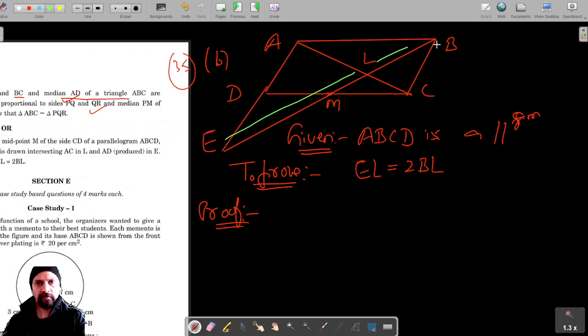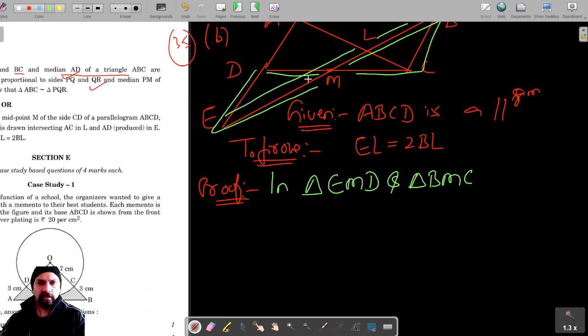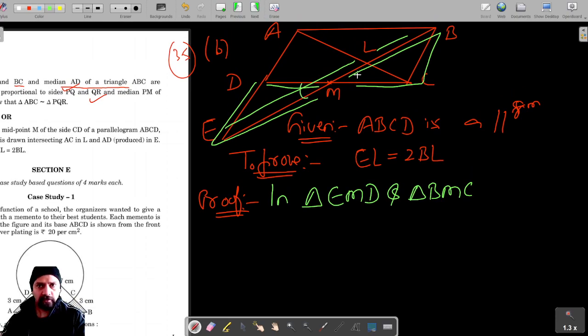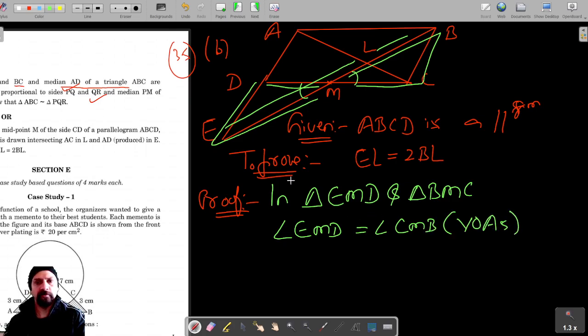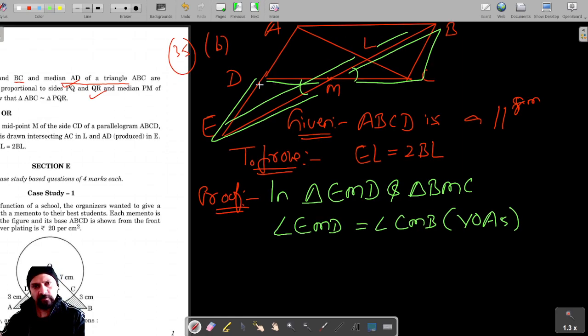So in triangle EMD and triangle BMC, angle EMD is equal to angle CMB, and these are vertically opposite angles. Similarly, AE is parallel to BC, so this is a transversal. It's also given M is the midpoint, so DM is equal to MC.